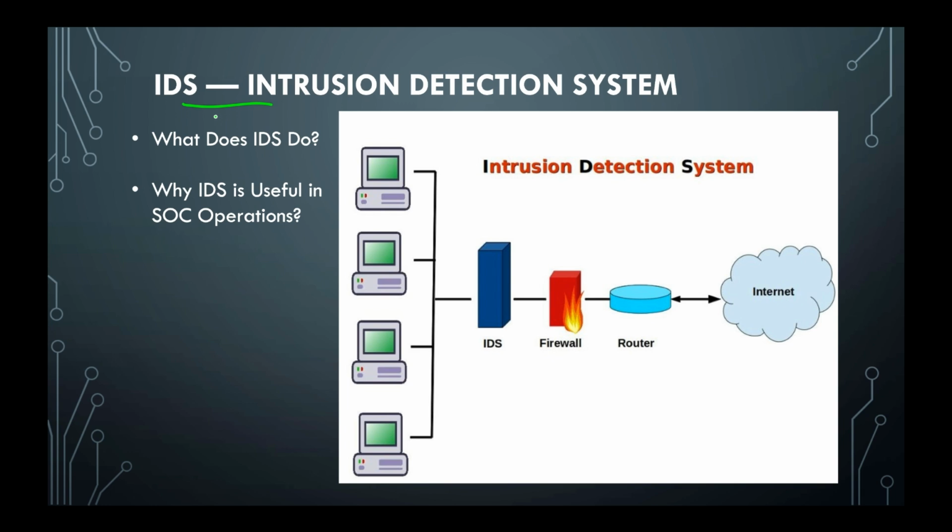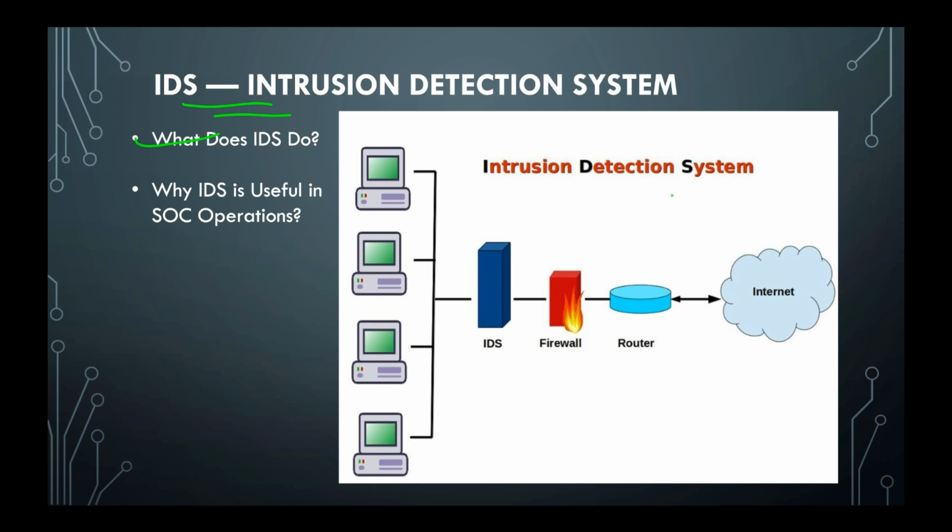Next up, we got IDS, Intrusion Detection System. If the SIEM is the command center of your SOC, then IDS is like the watchdog sitting in the corner consistently sniffing for intruders. And what does IDS do? An IDS analyzes network traffic and system logs to detect suspicious behavior or potential breaches.